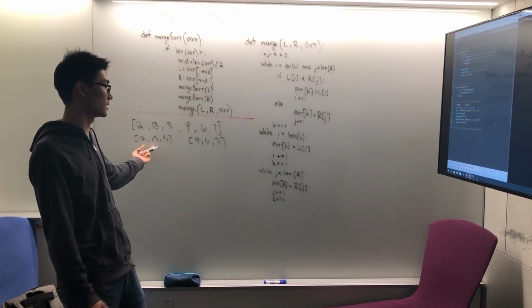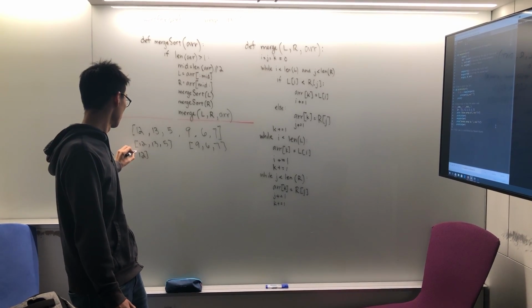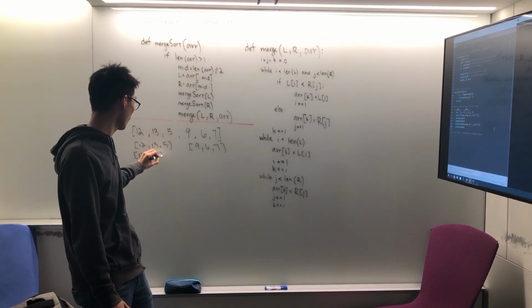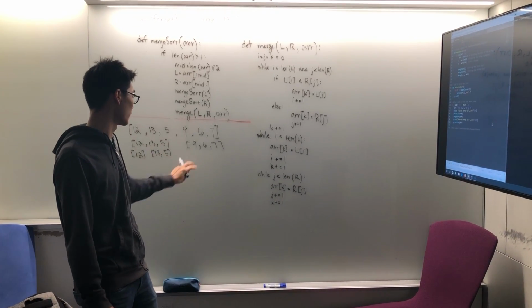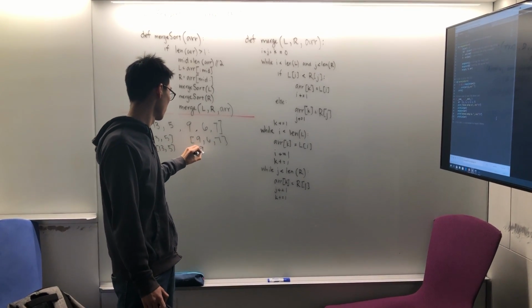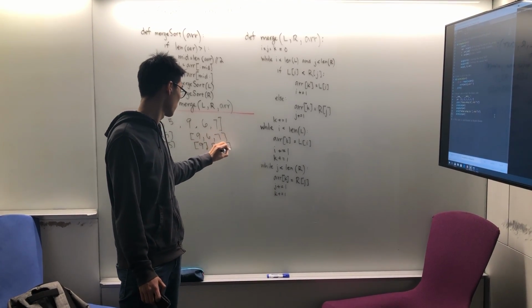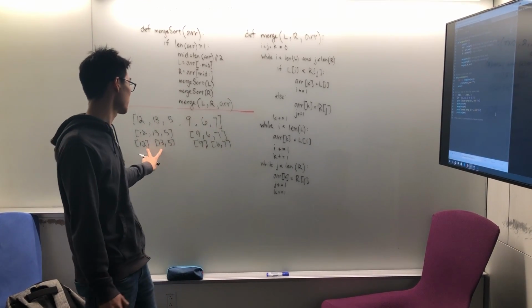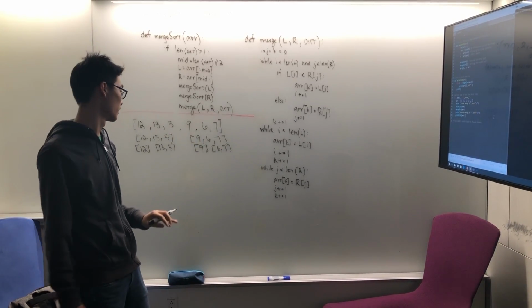We could also break this into 2 and this into 2, and then we could first sort 13 and 5, and then put this together, and then we could sort 9, 6, and 7. And if we put this together, and then put them all together, we would have sorted the entire thing.